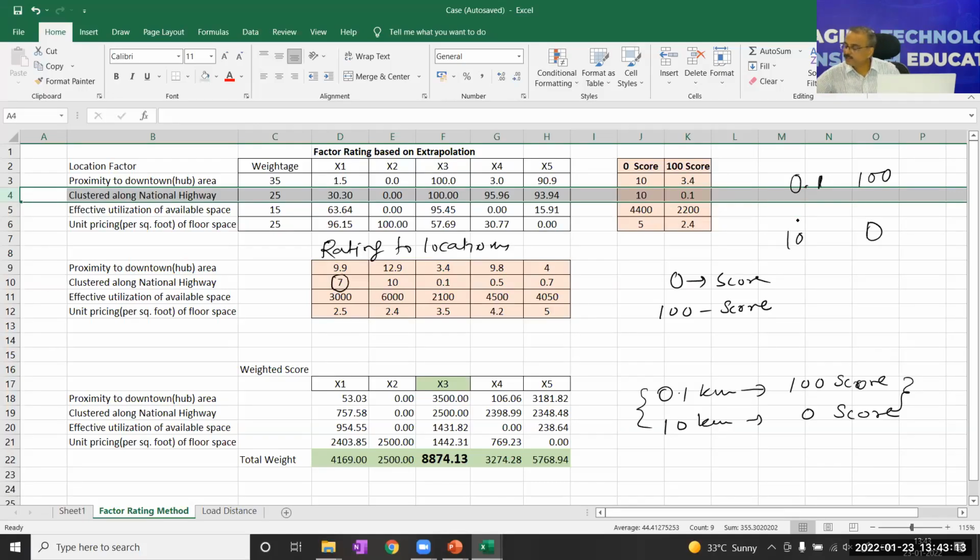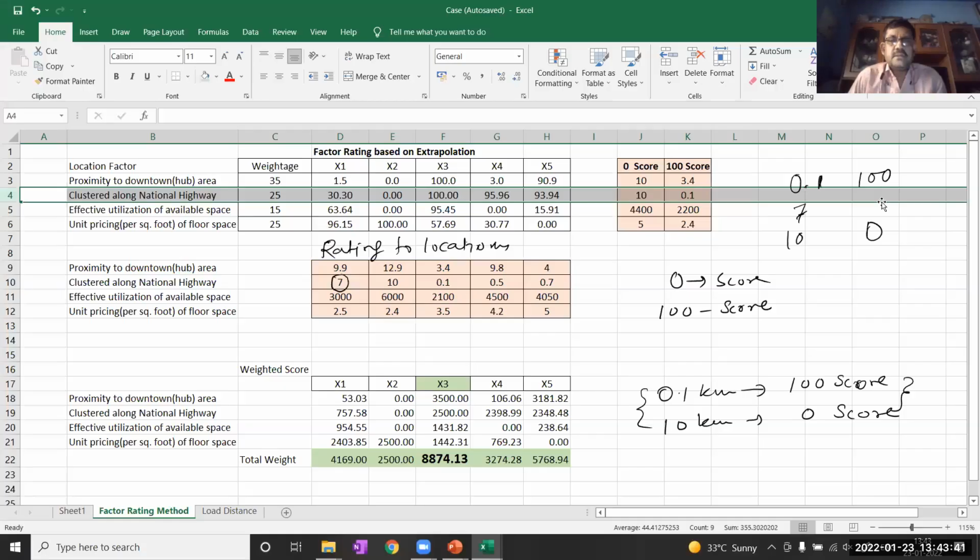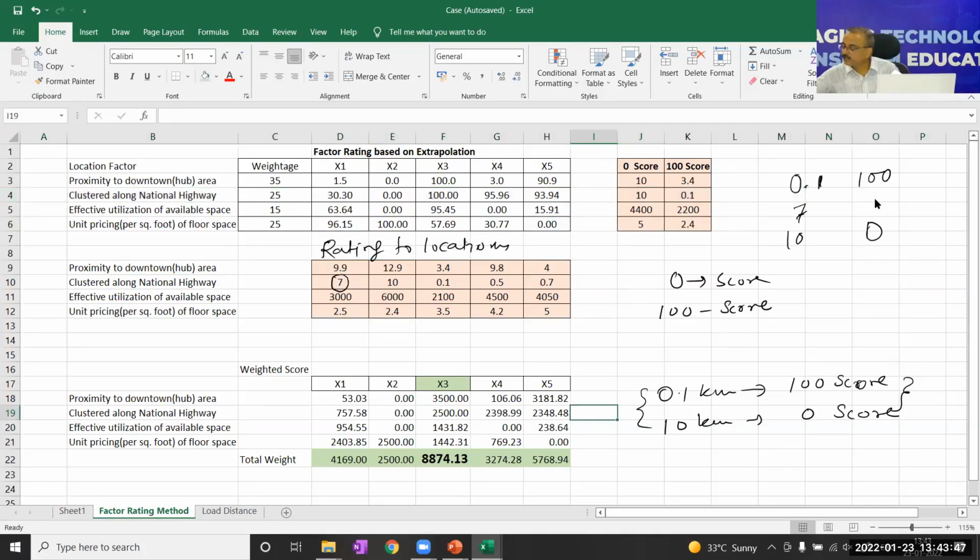Let's say 7 lies here in between these two, and let's say this is the value that we want to find out. Let's say it is y. So we are extrapolating it between these two values.